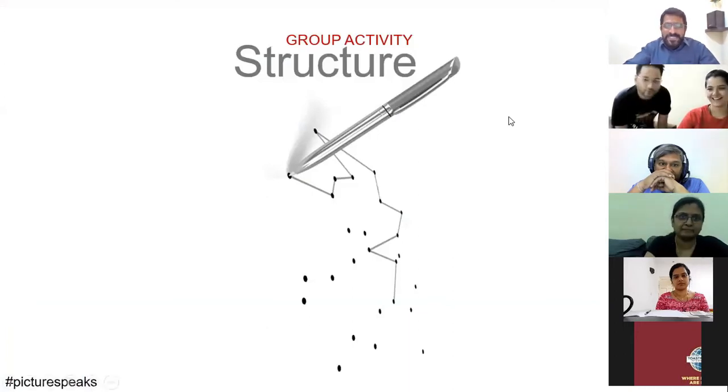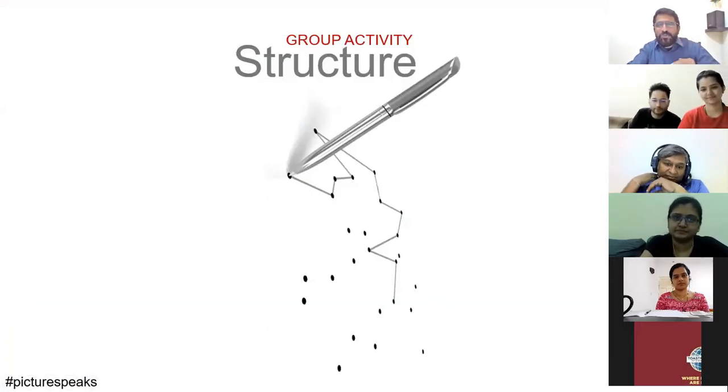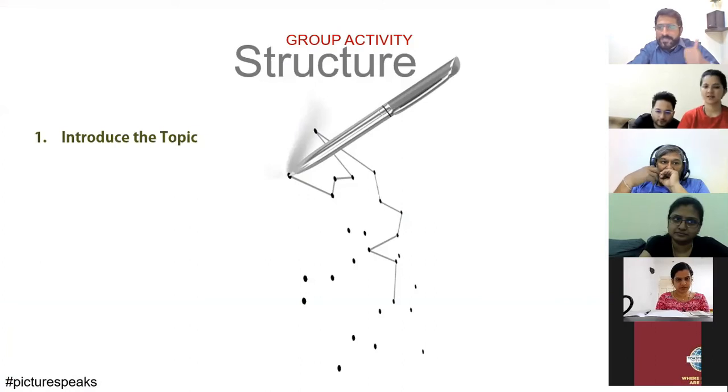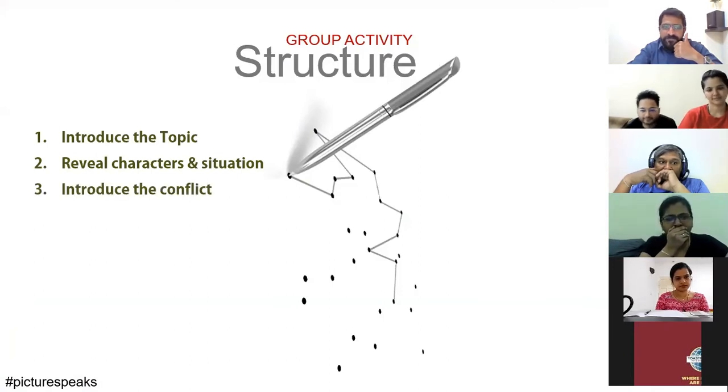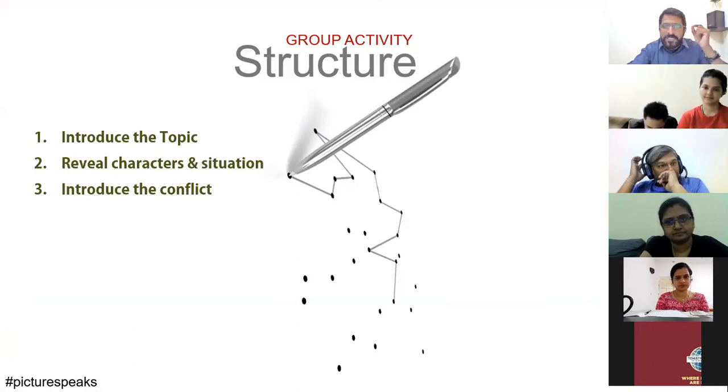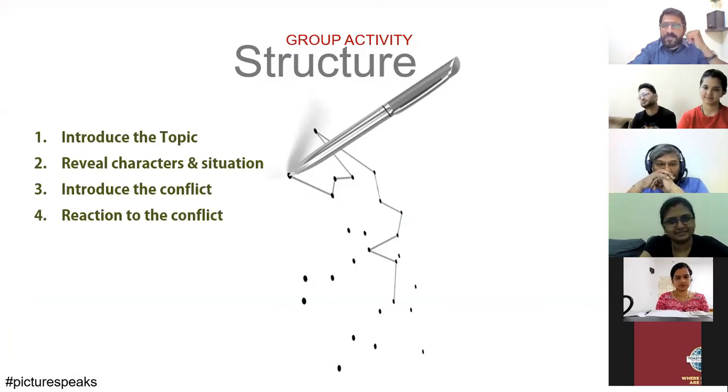The basic structure: there are two or three styles of writing a speech. One is that you introduce a topic, reveal characters and situation, and introduce a conflict. Once everything is going smoothly, then there has to be a conflict. How do you react to that conflict?